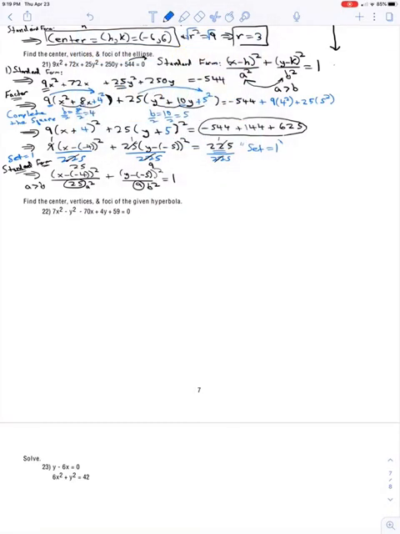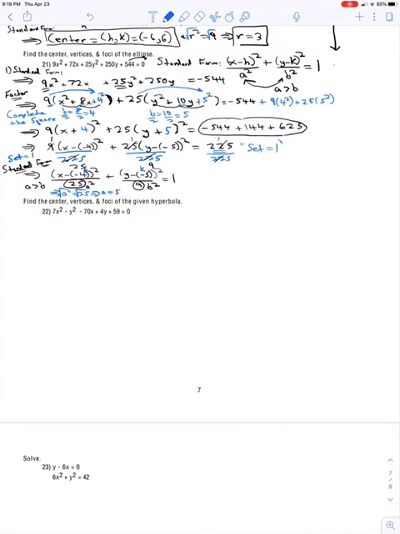We can put that up here. There's h, there's k. We're looking at those x and y coordinates. And again, a squared is 25. So if you want, we can go ahead and find a, because we're going to need that here in a second. So a is equal to 5. Right? So we'll need that value.